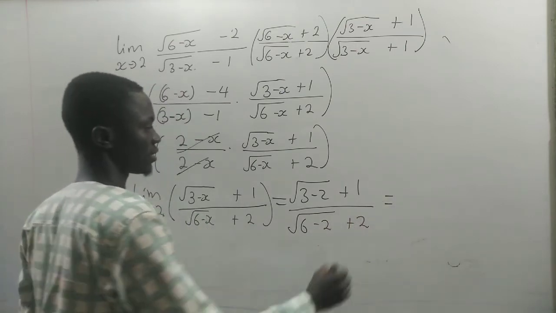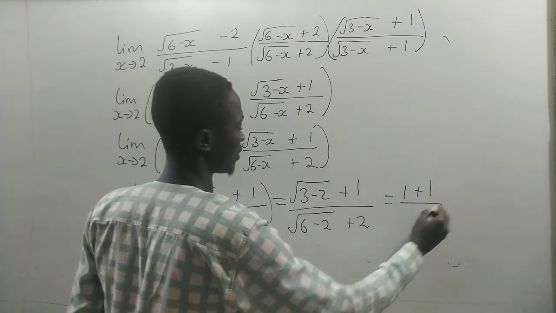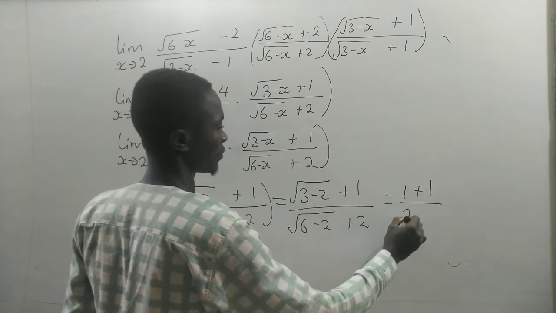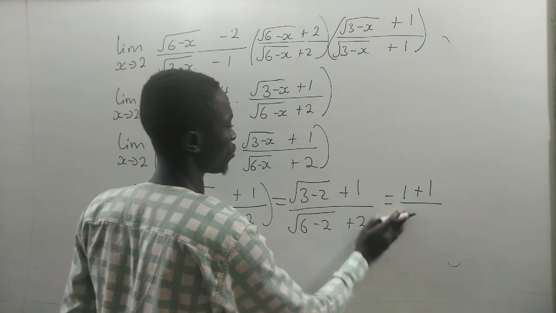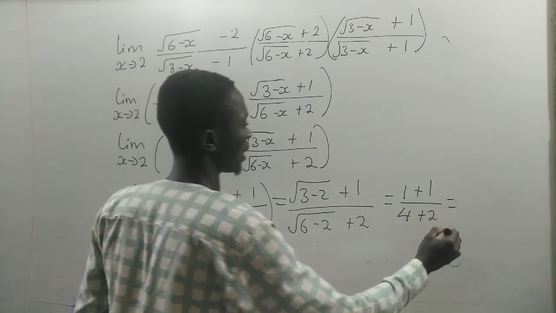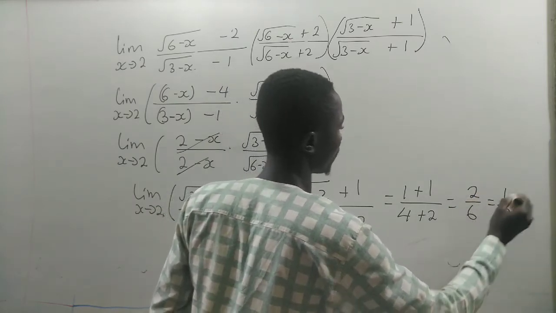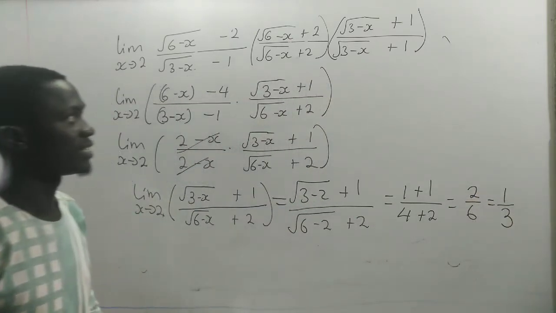And this will give us 1 plus 1 divided by 4 plus 2. That will give us 2 over 6, equal to 1 over 3. Very, very simple as that.